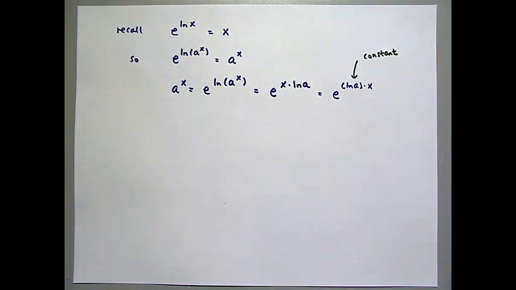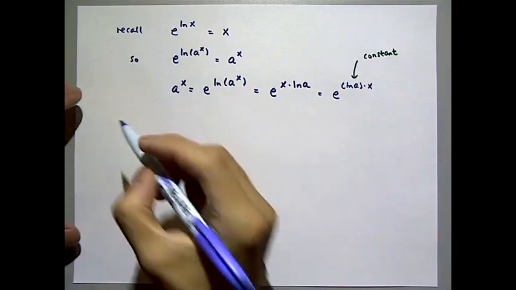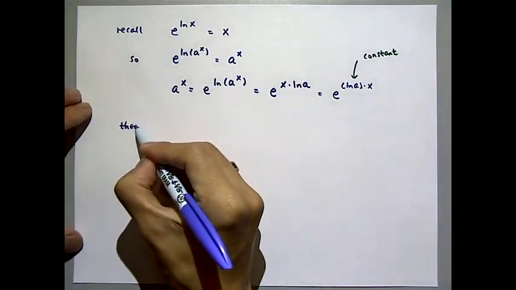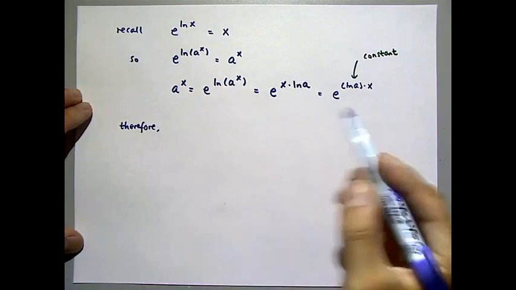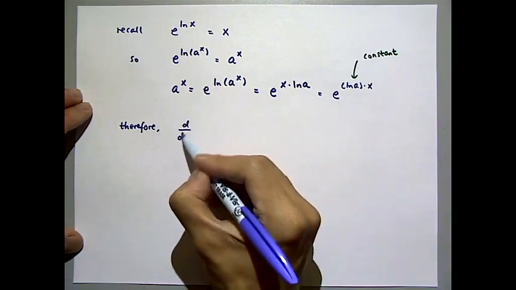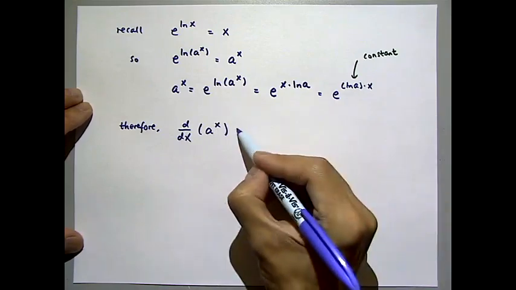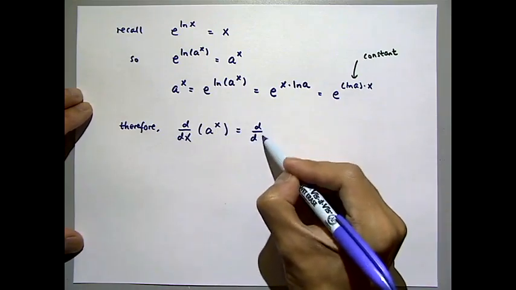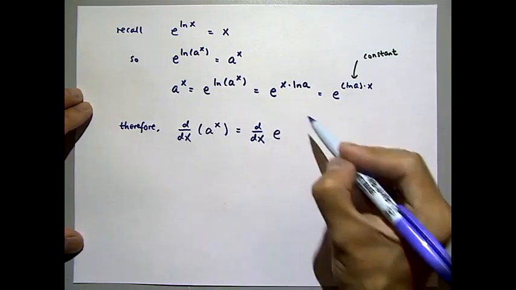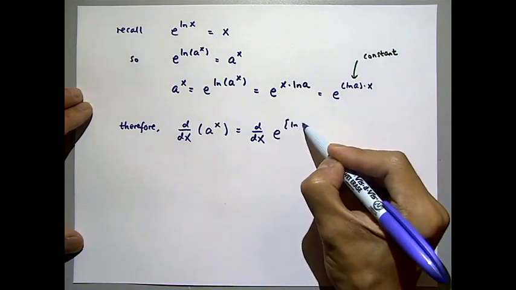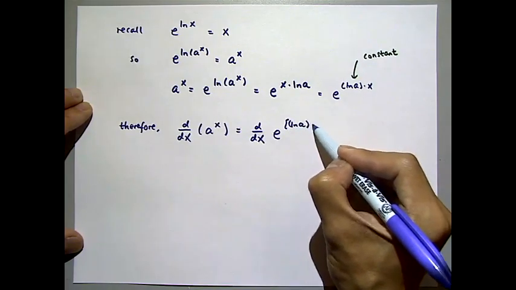That thing is a number. So this expression here is fundamentally the same as e to the 2x, for example. e to a number times an x. Therefore, the derivative of a to the x is the same as the derivative of e to the power of ln of a times x.